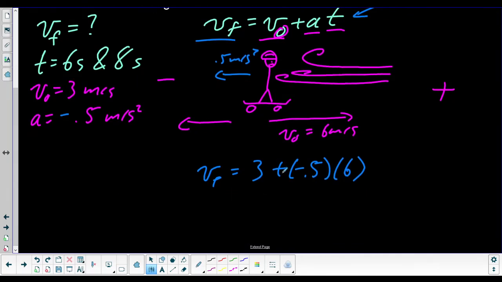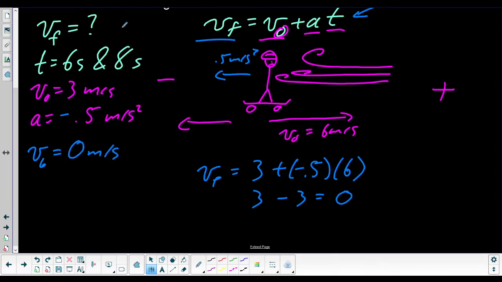All right, now we're going to multiply. Negative 0.5 times 6 is negative 3. 3 minus 3 is 0. So V, I'm going to put 6 instead of F to show it's 6 seconds, is 0 meters per second.